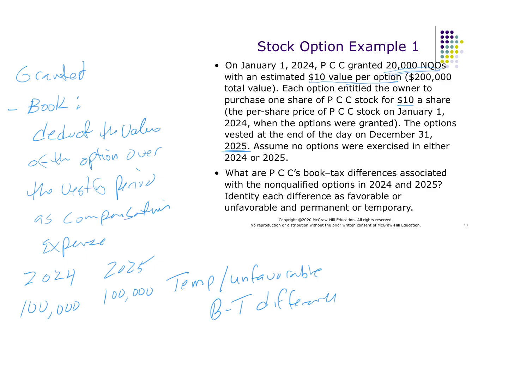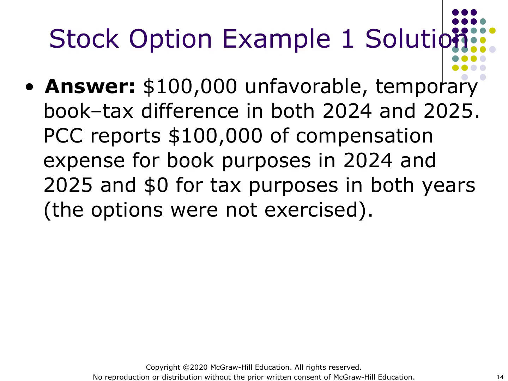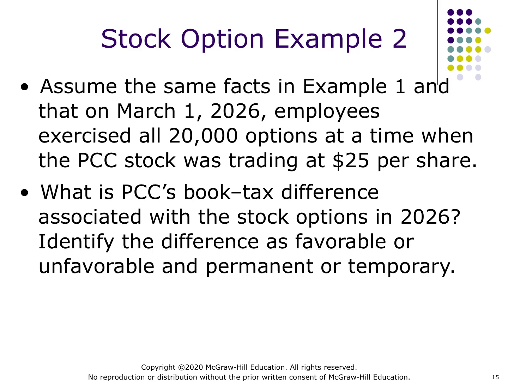Since those shares were not exercised, there's no tax impact to that. So there's a book deduction for compensation expense, and that drives book income lower than taxable income.